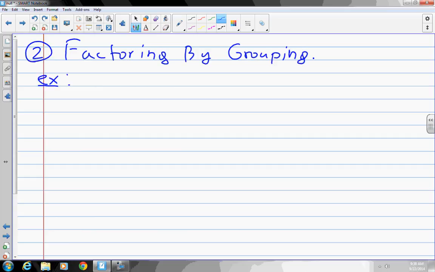So let's say we have something like 2x cubed minus 3x squared plus 2x minus 3. So here's an expression.